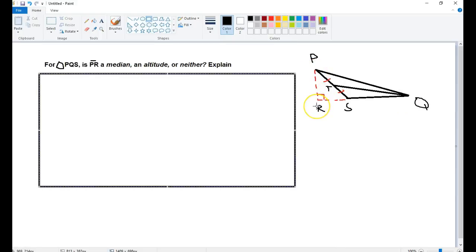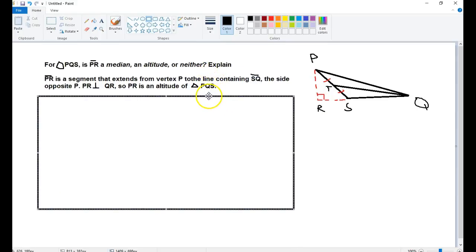Since PR and QR are perpendicular, this will be an altitude, because you're going to the side that is opposite of P. So PR is a segment that extends from vertex P to the line containing SQ, the side opposite of P. So I'm going from here down to here, trying to find a perpendicular line from this point down to here.